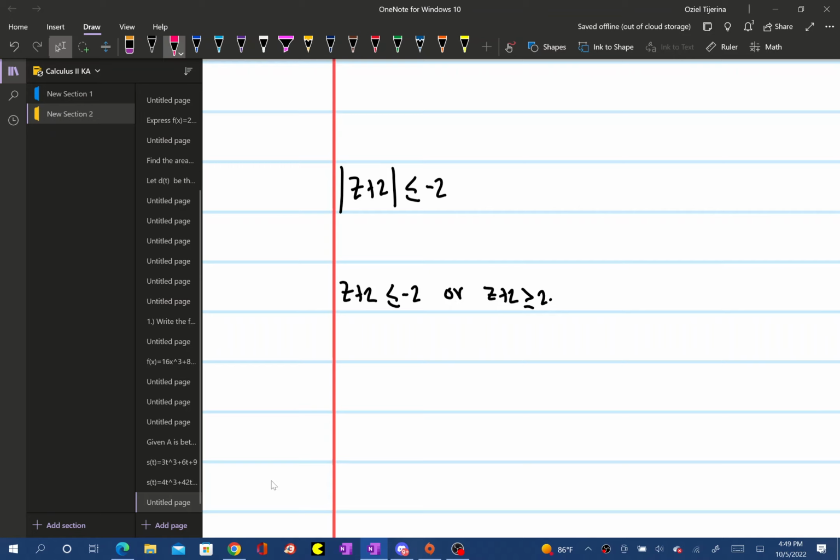So then we're going to do -2 on both sides. I'm going to do z is less than or equal to -4, or z is greater than or equal to 0.